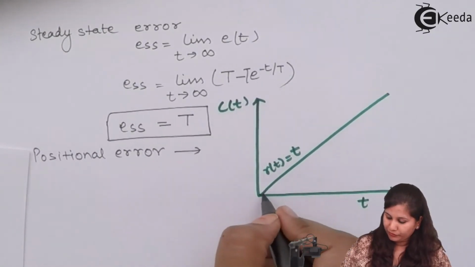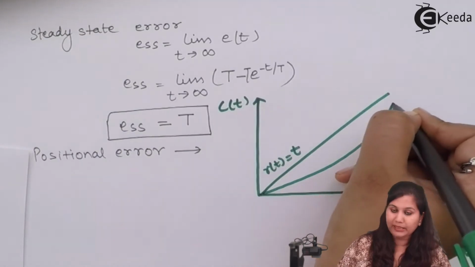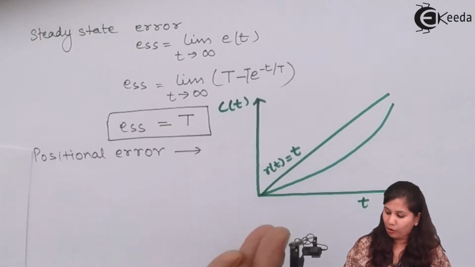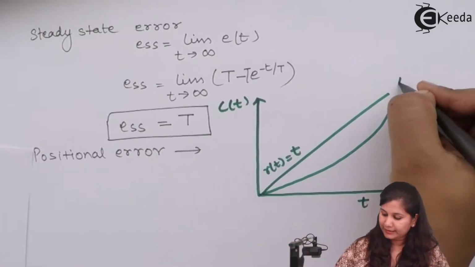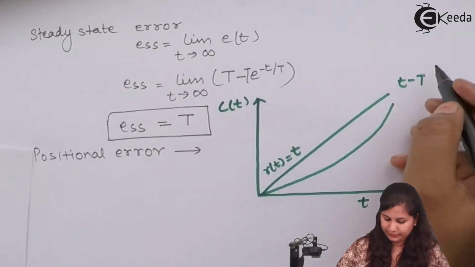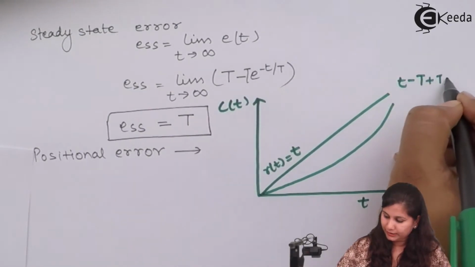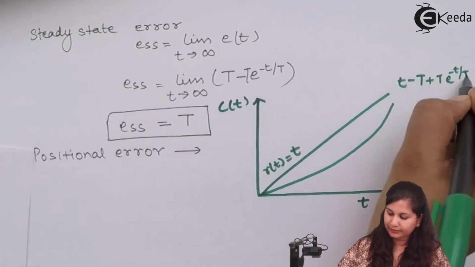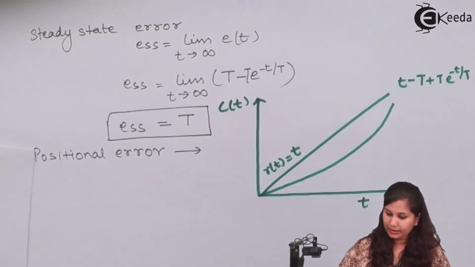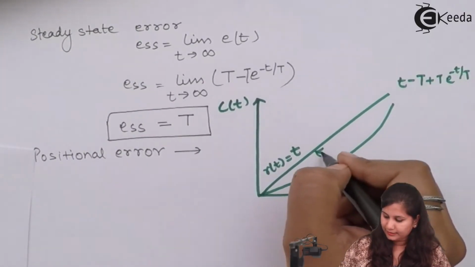So the output will be lagging behind it. The output will be this, that is t minus T plus T e raised to the power minus t by T, and this is our lagging time.